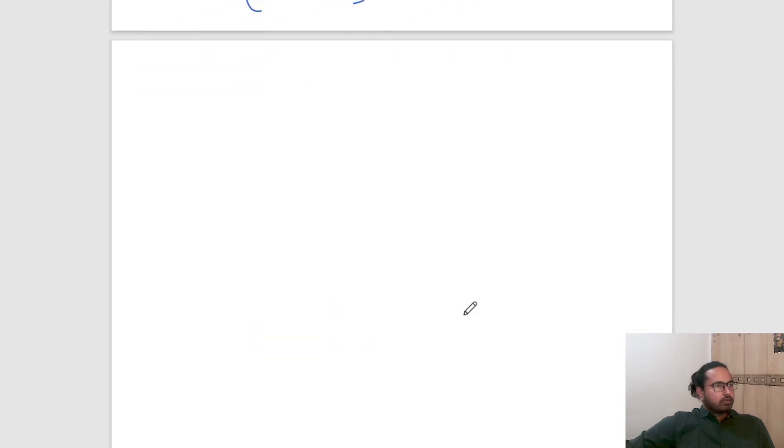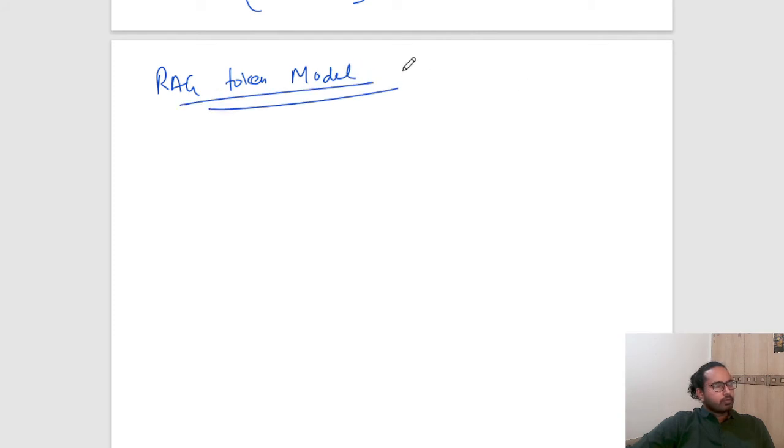Yeah, so let's now talk about the RAG token model. So in the RAG token model, as we discussed earlier, we try to get only one output sequence, and we try to take information from each retrieved block, so that we can get different context from each document.